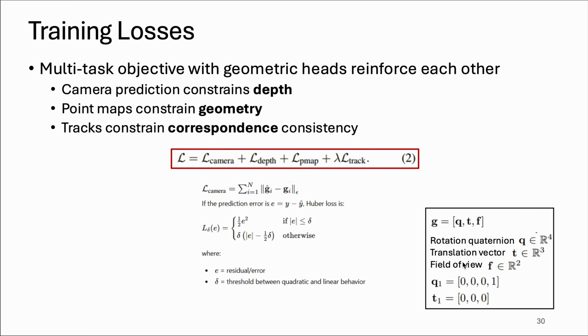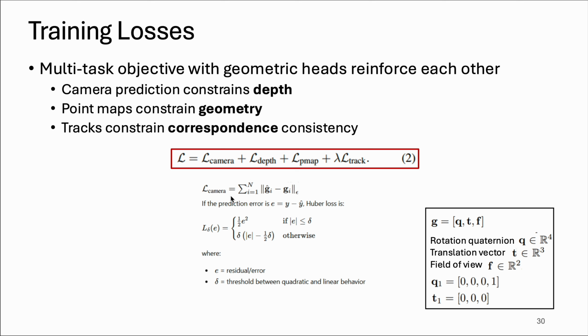Now let's see how this network was trained. The training loss needs to consider all the outputs we collected: camera prediction constrains the cameras, point maps constrain the geometry, and the tracks constrain the correspondence consistency. So the loss function consists of 4 terms.